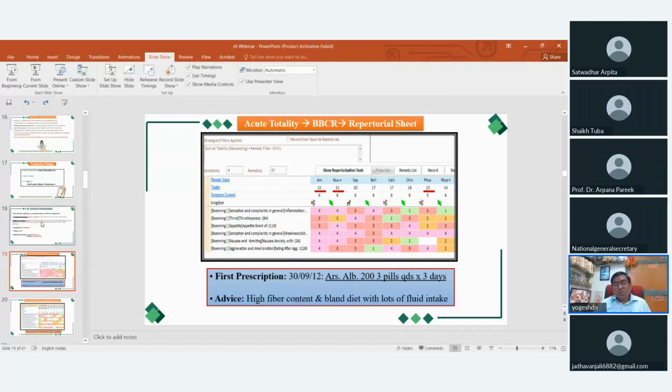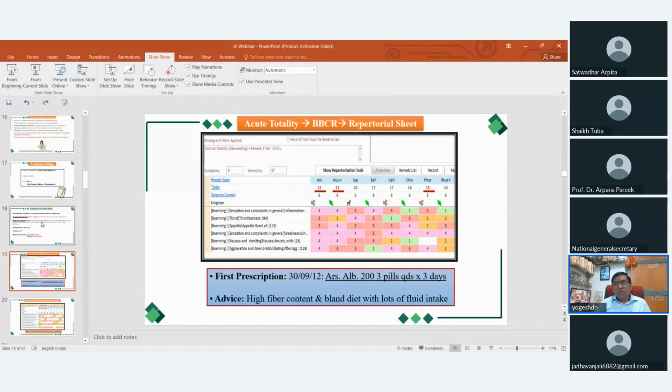So this led to a few remedies like Arsenicum album, Nux vomica, Sepia, Belladonna, Calcarea. On this basis, the three underlying remedies, namely Arsenicum album, Nux vomica, and Phosphorus. Just remember these three remedies.